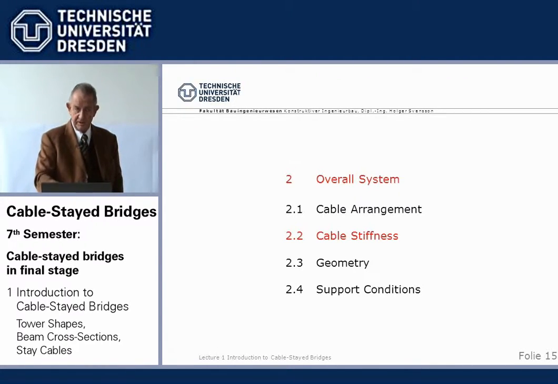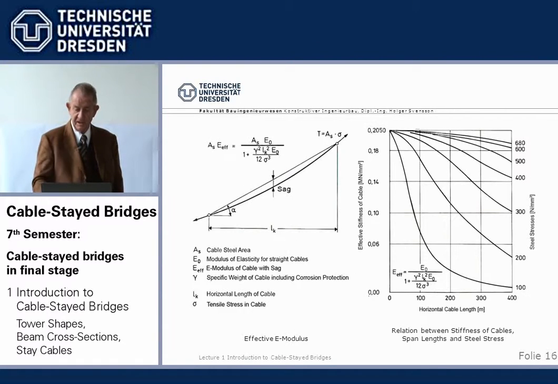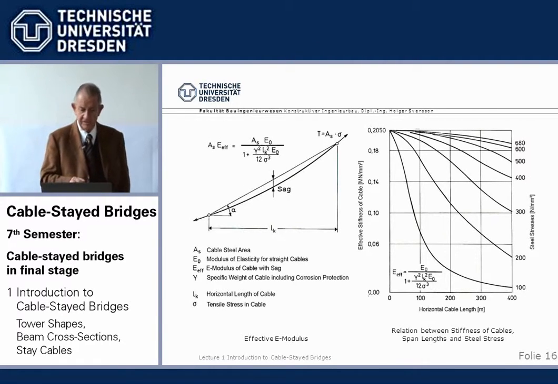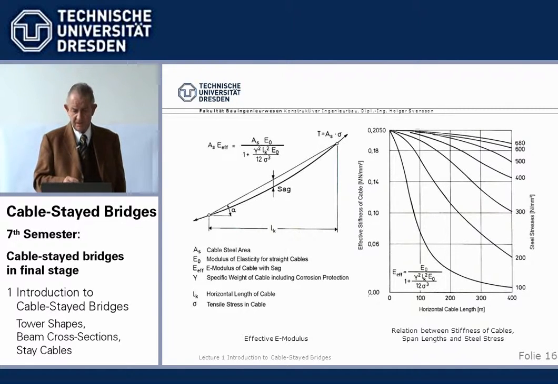So the cables must be stiff in themselves. Cables are from high-strength steel, similar to post-tensioning steel. And so they have a basic modulus of elasticity of 2.05 times something, like all steel.